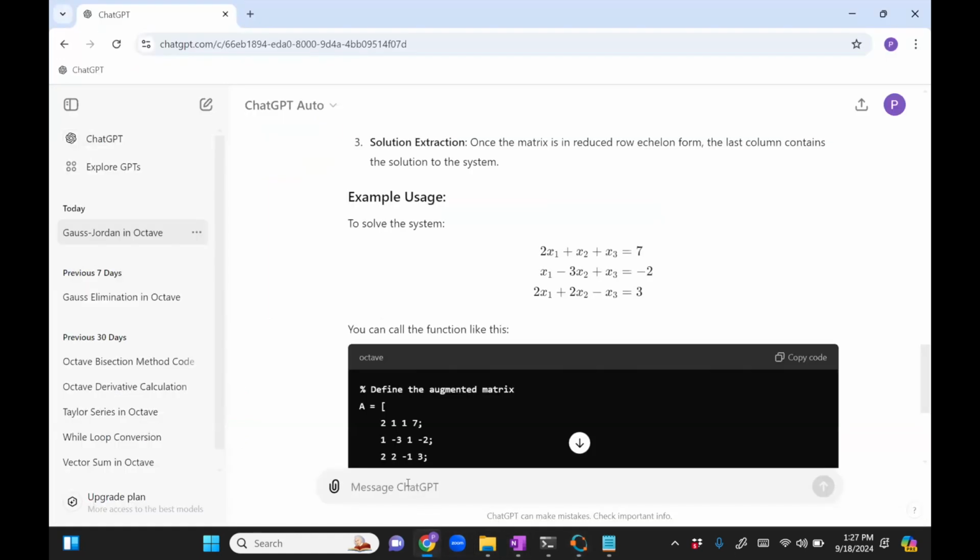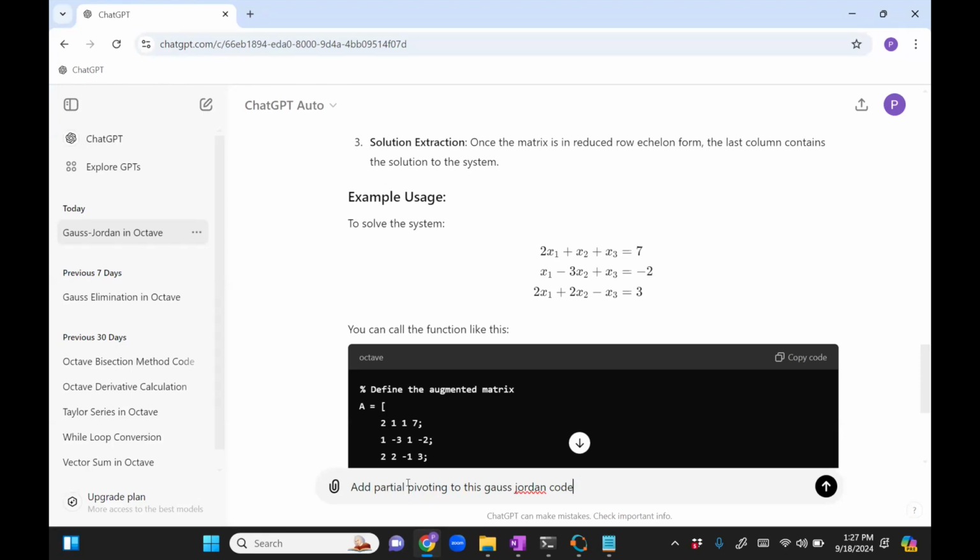So go here and say, please add. Now it's not a human, so you don't really need to put please. Add partial pivoting to this Gauss Jordan code.